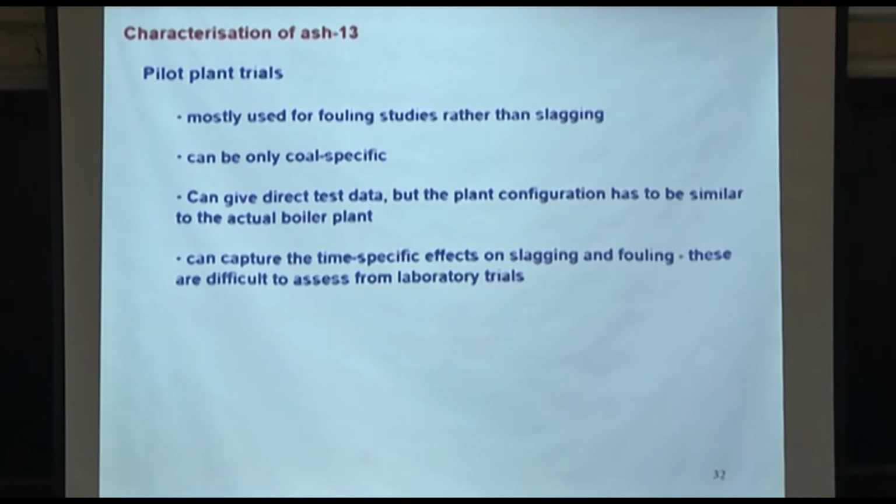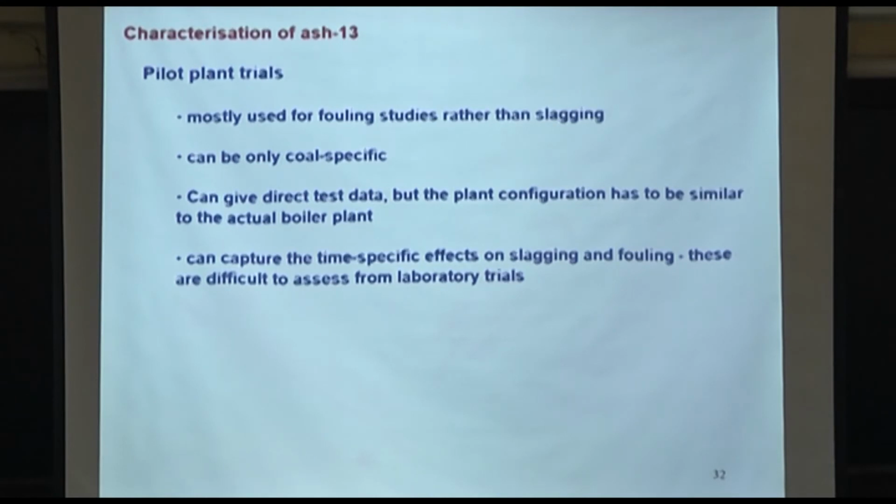And these problems can be coal specific, as I said. If the new coal that you are testing is completely different from anything that you have experienced before, there is no other course. So that's why I'm saying it is coal specific, and it can give you the direct test data for that particular coal, nothing more than that.